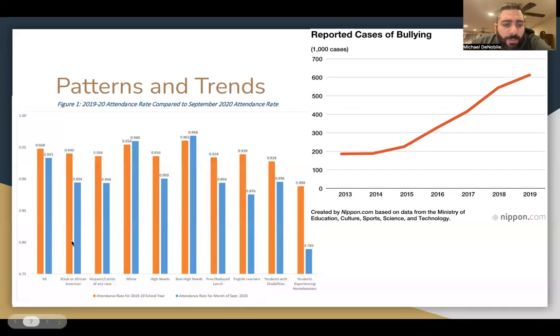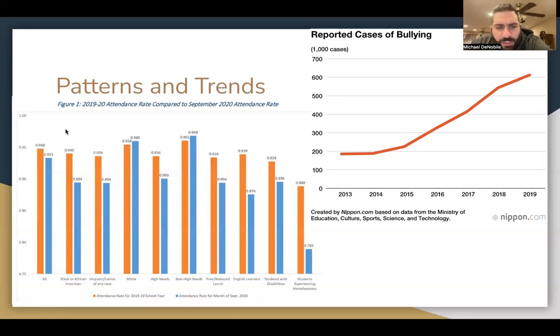So, for example, for Black or African American students, it went from 94% to 90%. That's a big drop, 4 percentage points. For our Hispanic and Latino students, it went from 94% to 89%. That's a big drop. For white students, interesting, it went from 95% to 96%.